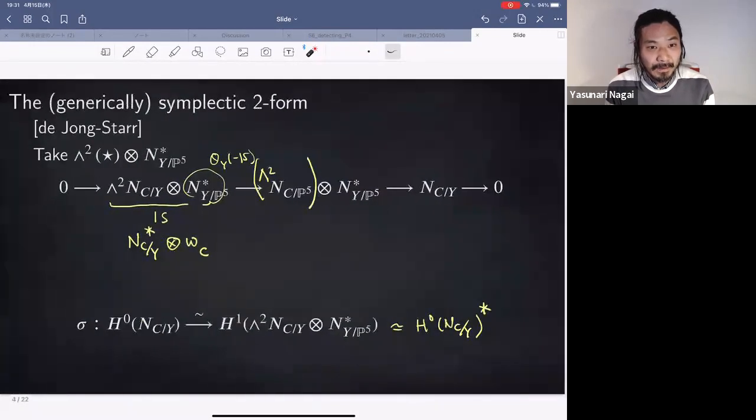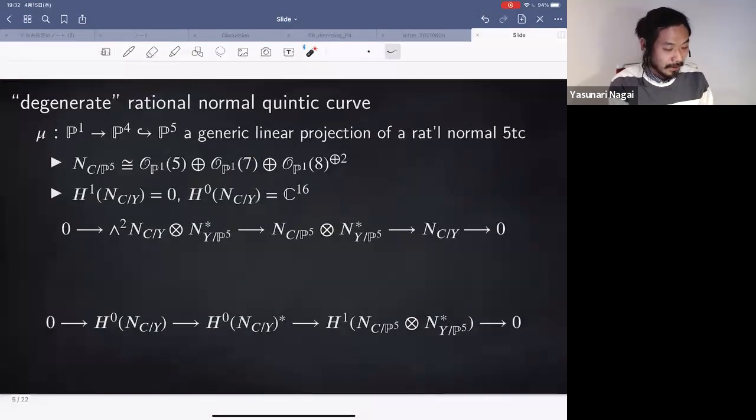Okay, but we are also interested in the boundary behavior of the moduli space. That means we have to look at various degenerations of the rational normal quintic curve, and it turned out that one of the most important degenerations comes from the degeneration in terms of the linear span of the curve.